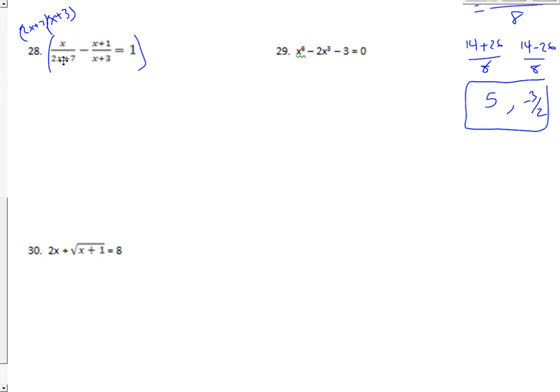For the first fraction, the 2x plus 7 will cancel. I'm left with the x from the numerator and x plus 3 minus, in the second term, x plus 3 will cancel. I'm left with 2x plus 7, which will be left with the x plus 1, equals, nothing cancels out with the 1, so 2x plus 7 and x plus 3.